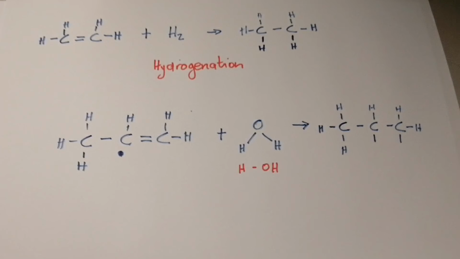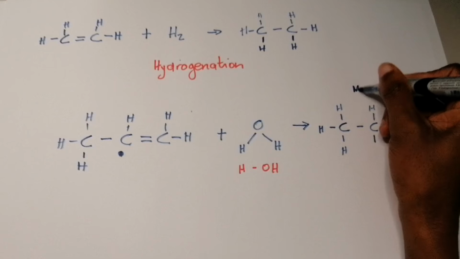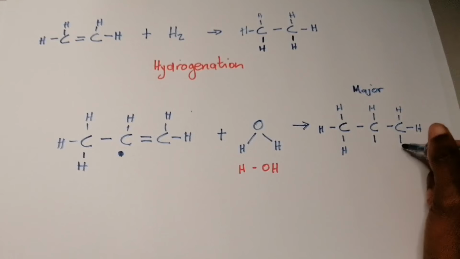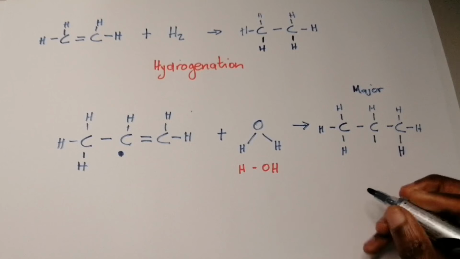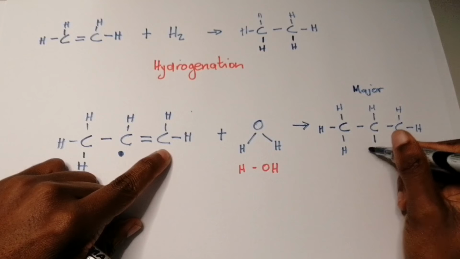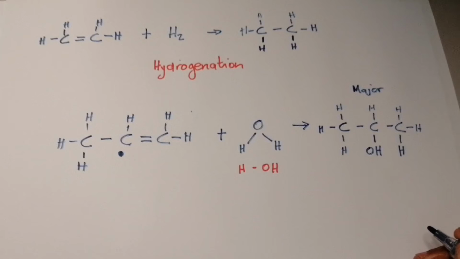So now what we have as a product, this is what we'll call a major product. It means H will go to that first carbon there, and OH will go to that second carbon there.